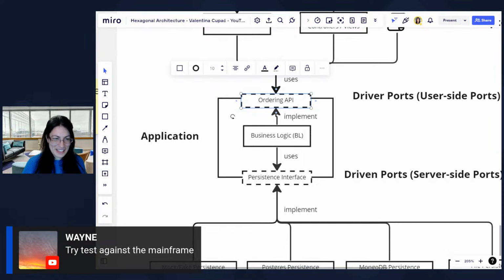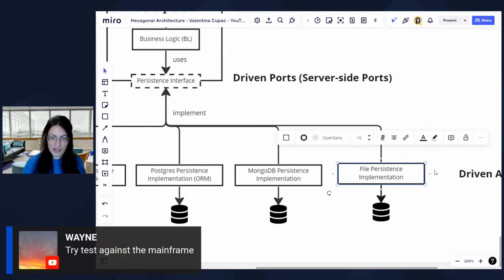Try test against the mainframe. Okay. Question, is it the case? To be more creative, our system could integrate with the mainframe. So if we needed to get some data from the mainframe, we could write an adapter.